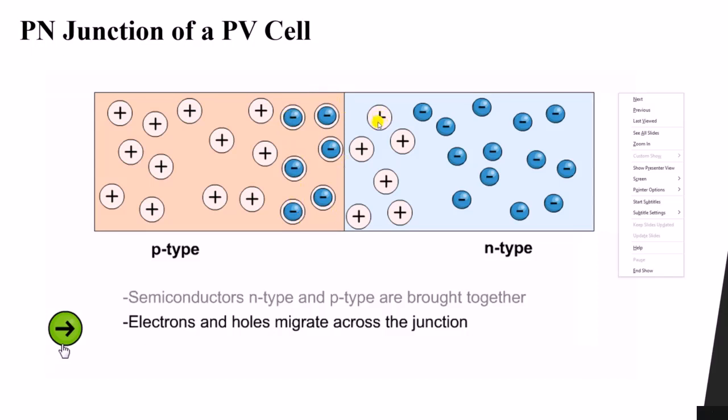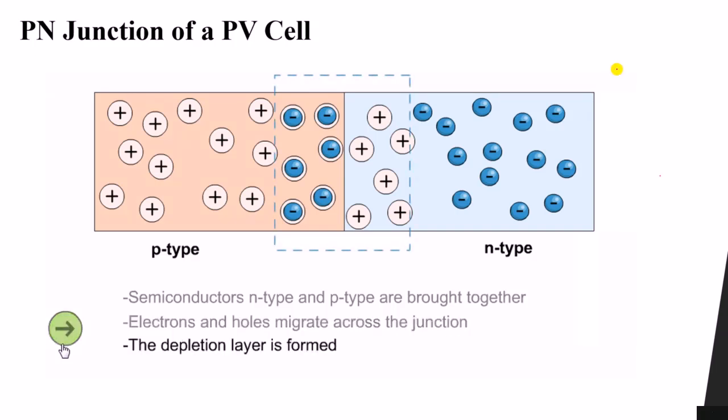So in the end we will have positive ions and negative ions, which form something called the depletion region, as you can see here, due to the chemical reactions between these parts.